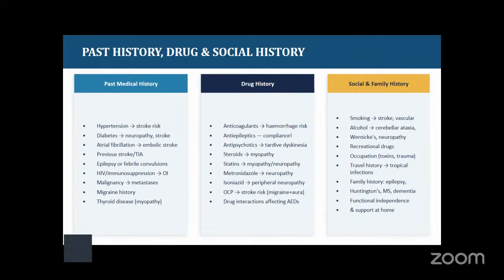For social history, smoking or alcohol use, and if the patient is a chronic alcoholic, you want to ask them about symptoms of Wernicke's encephalopathy, other recreational drugs that the patient is using, exposure to toxins such as lead and things like that, depending on where the patient is working, travel history, so infections such as malaria, giving you cerebral malaria, family history of epilepsy, dementias, and for patients who are having neurodegenerative diseases, you want to look for any support that they have at home, so that when we discharge this patient, how much help will they get, and what risk do they have to developing other conditions.